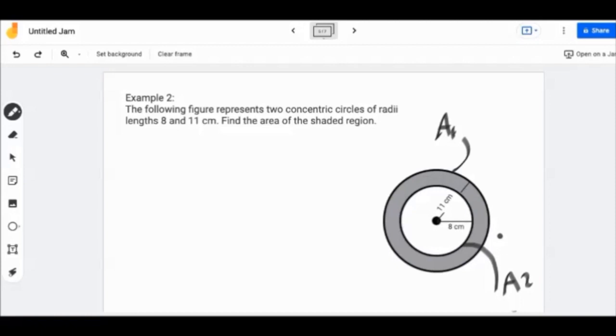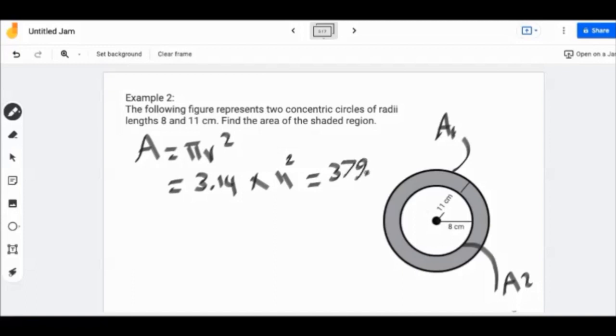Let's do this. First of all, how can we find the area of the big circle? Remind me with the rule. Yes, area equals pi r squared. Pi is equal to 3.14 times r squared, that means 11 squared. This is equal to 379.94 centimeter squared.